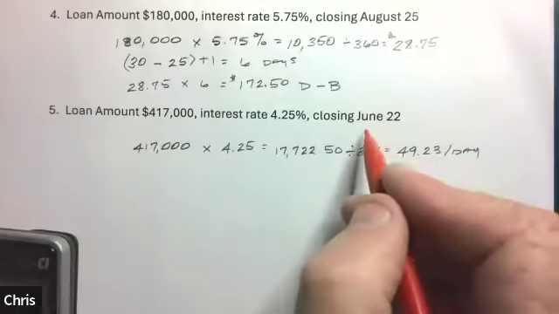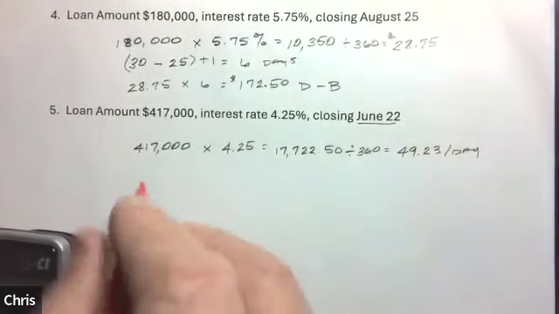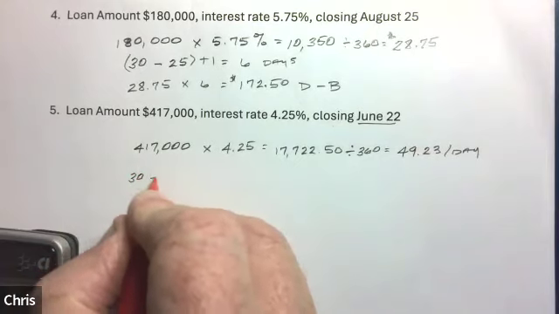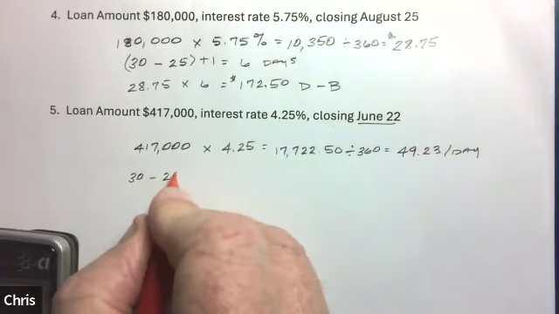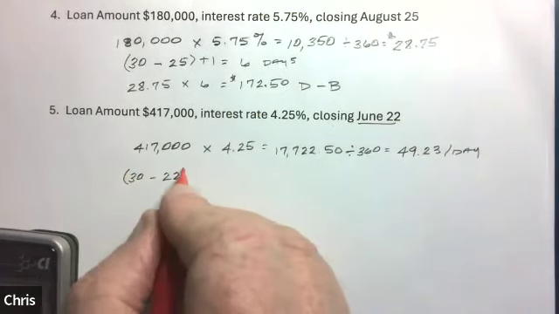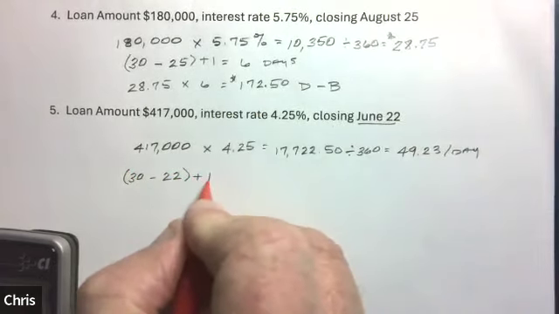And then we're closing on June 22nd. Doesn't really matter what month it is because it's a calendar month proration, so they're all the same. 30 days in a month minus 22, the date of closing, and then add back in the date of closing.